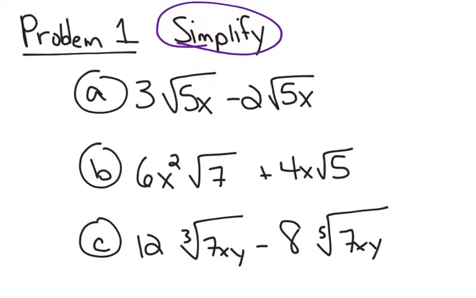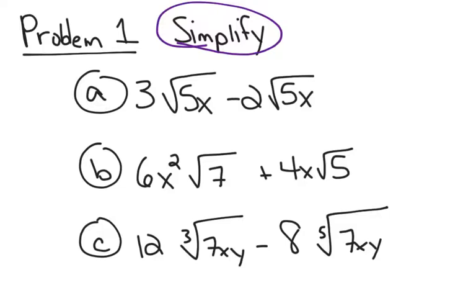Evaluate is something you do when you plug a number into an expression, or if you use the order of operations in order to break down a problem into a single numerical answer. The bottom line is when you evaluate, the final answer is usually a number. Solve is something you do with equations, i.e. it has to be something that has an equal sign in it. So in these problems here, we're going to simplify.